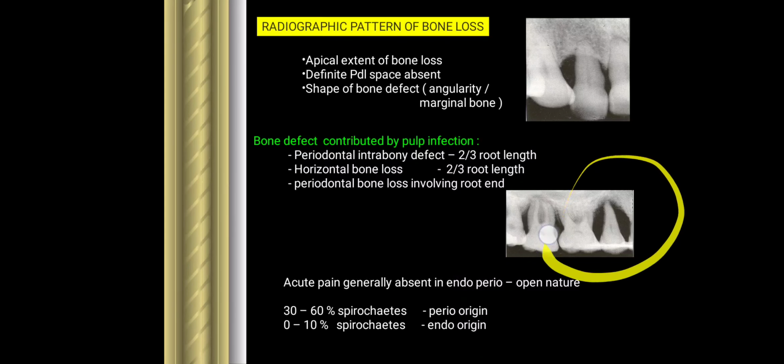Here we can see the bone loss surrounding the tooth, and the tooth is only connected to the bone at the apex level. Acute pain is generally absent in an Endo-Perio lesion.